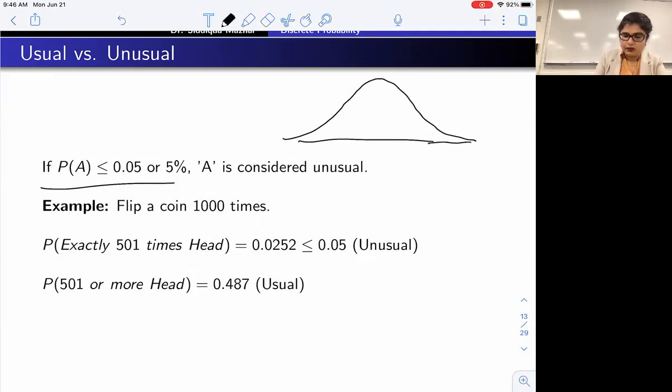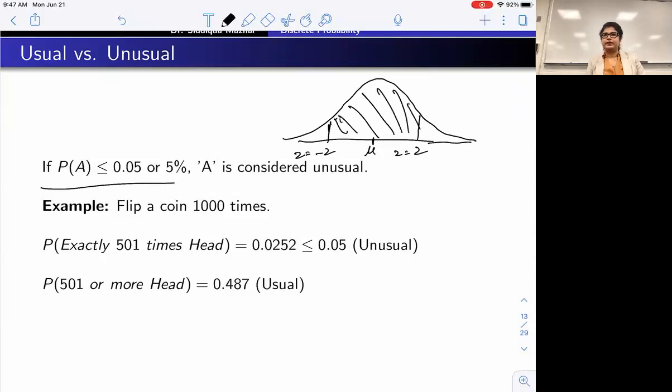we can ask how many data values are covered if it is two standard deviations away from the mean. If your z-score is -2 and +2, and this is the mean, how much data will be covered in this portion? Like one standard deviation, do you remember? 68% of data will be covered if it is one standard deviation away from the mean.